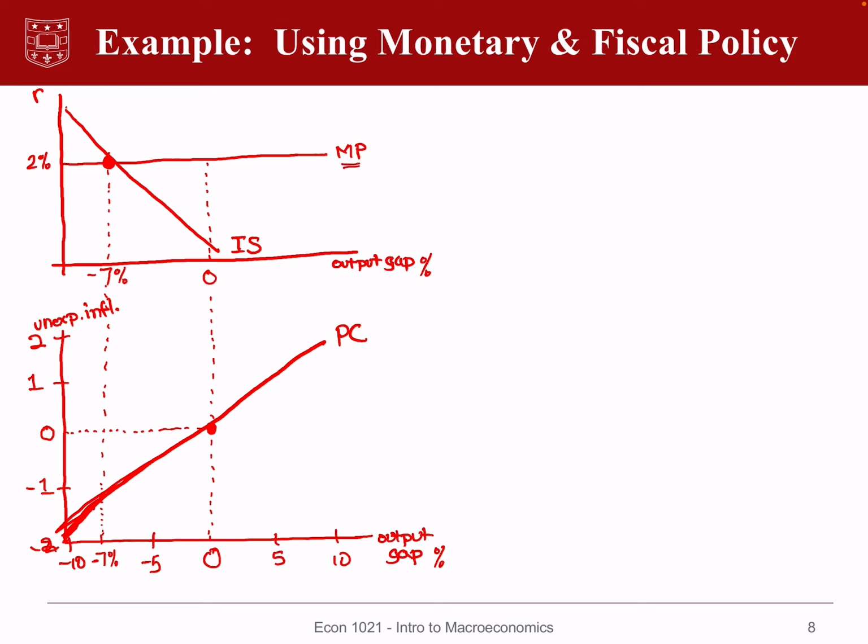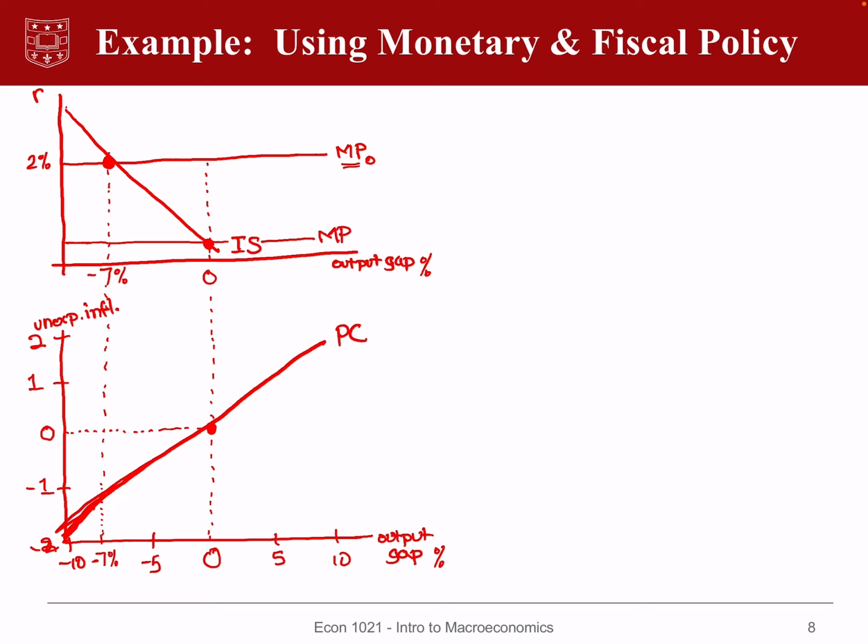And if we're closing the output gap and there's no change to the IS curve, then here is our target. So what would monetary policy have to look like?